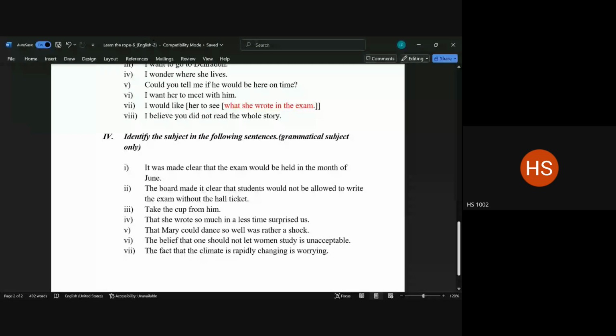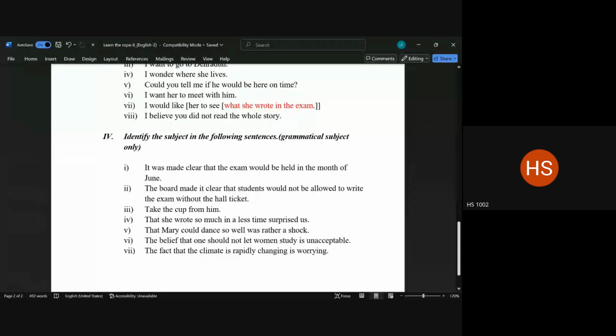We're not talking about a subject that you can guess from the context or a subject that is implied. The grammatical subject is that which is clearly visible in the sentence structure. So here we do not have any. This is an imperative sentence. Take the cup from him. This lacks a subject, no grammatical subject in that sentence.